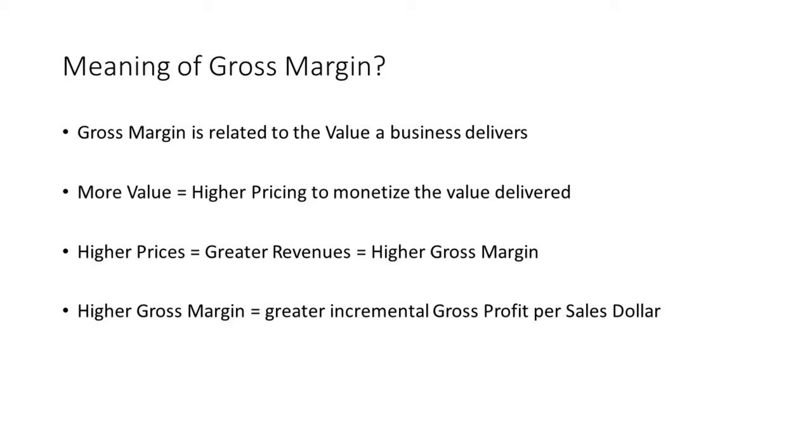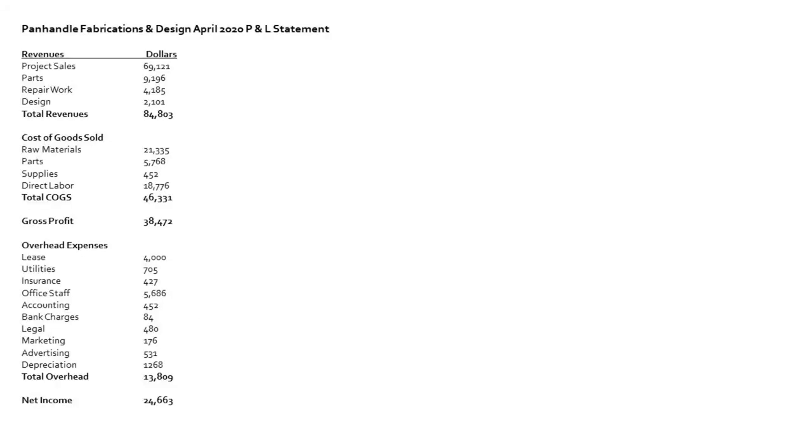And so let's look at an example to illustrate this. So here we have the profit and loss statement that we saw at the beginning from April of 2020. Let's assume for a moment that we decide to increase our prices by 5% across the board.